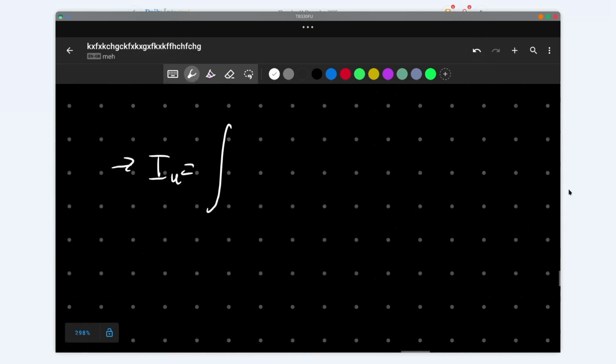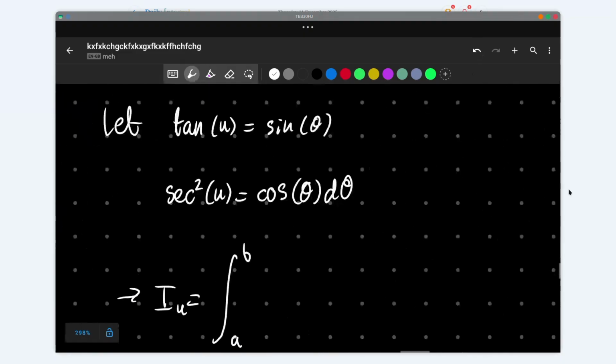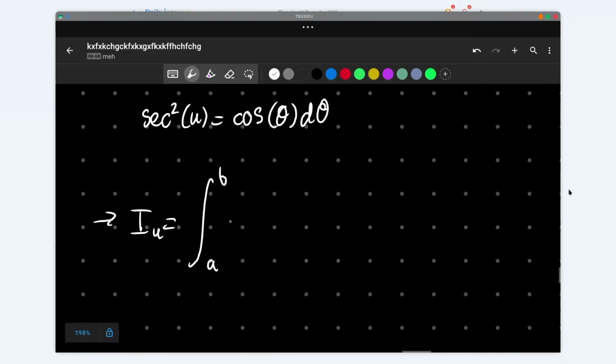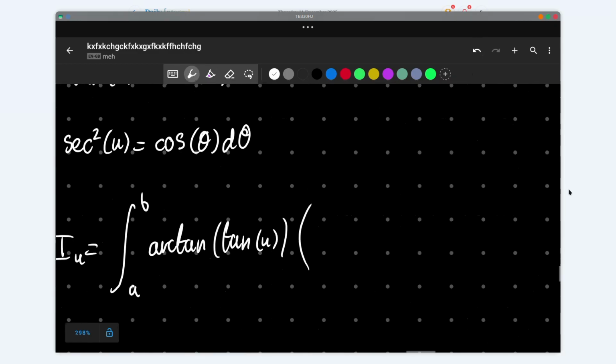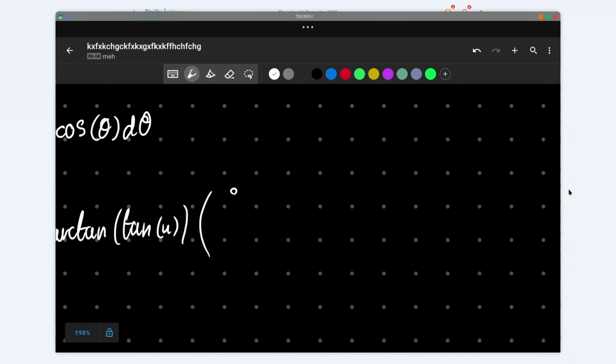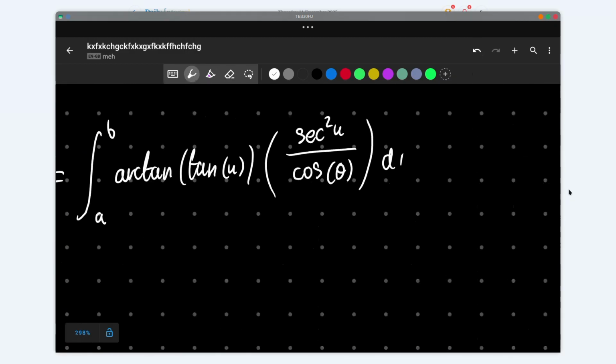Let's just leave it as a and b. So that's going to be arctan of tan u, multiplied by sec squared u over cos theta du.